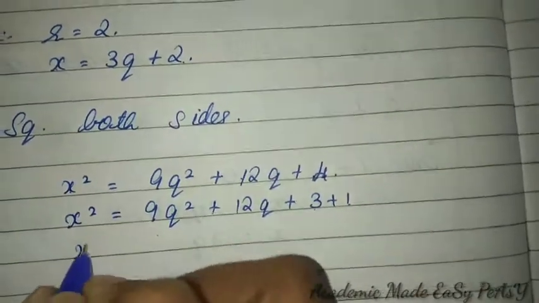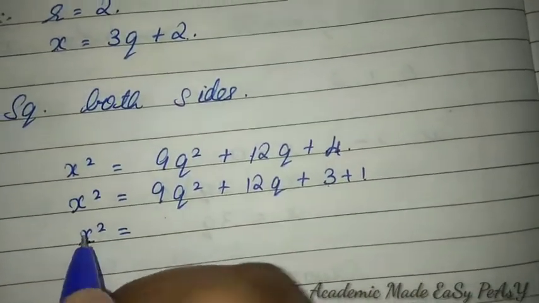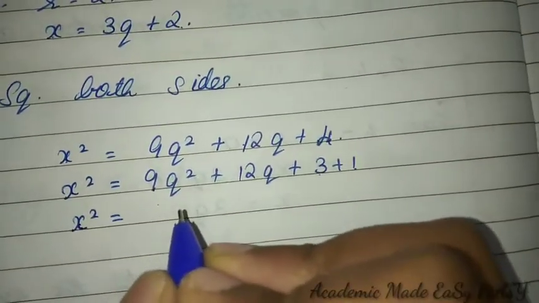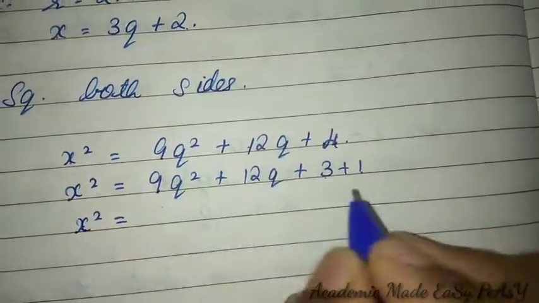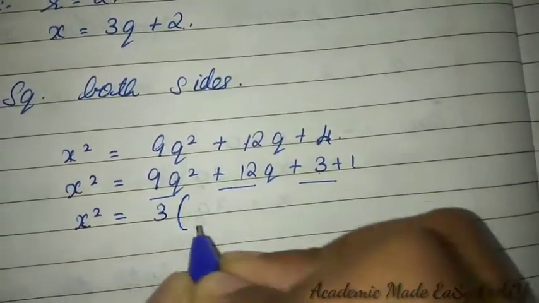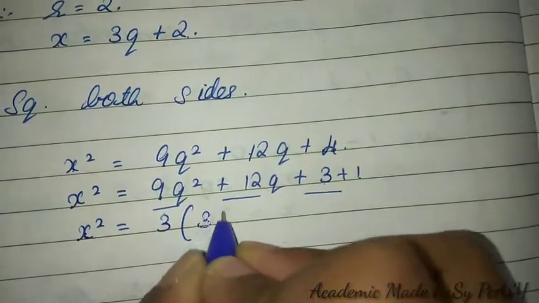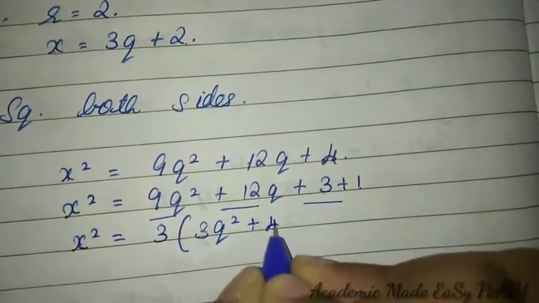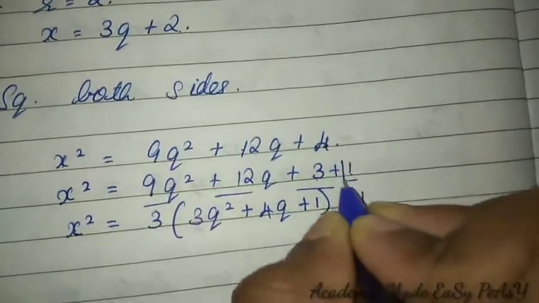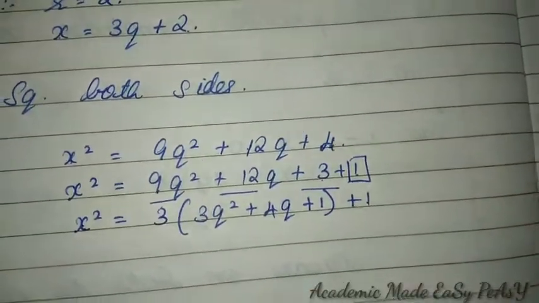Okay, so you can change this as a also. Okay, so if I take 3 common out, since I have to get only 3m, I'm taking 3 common out in these 3 terms. So if I take 3 common out, I'll have 3q square plus 4q plus 1, plus 1. This one is left, isn't it? So I'm taking that one.